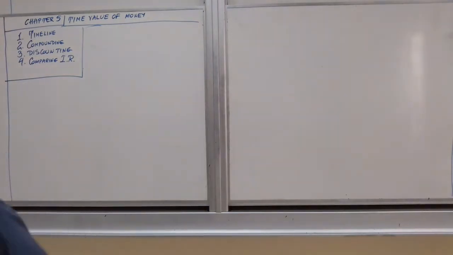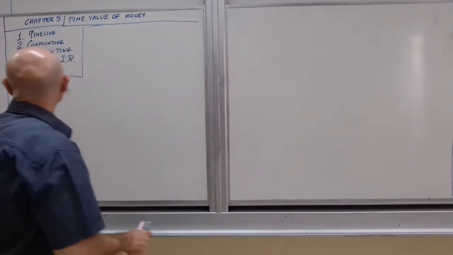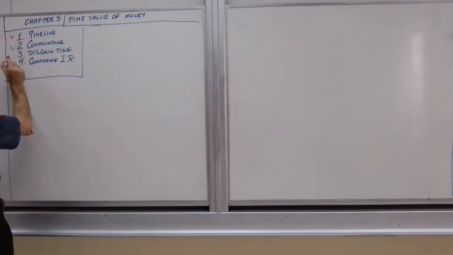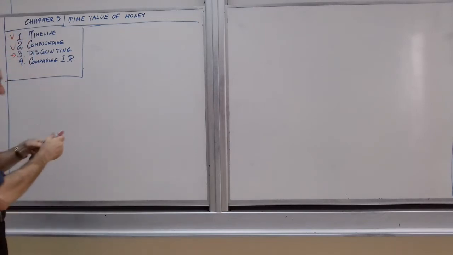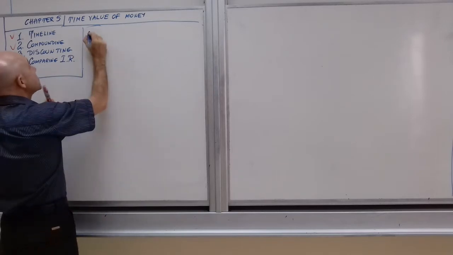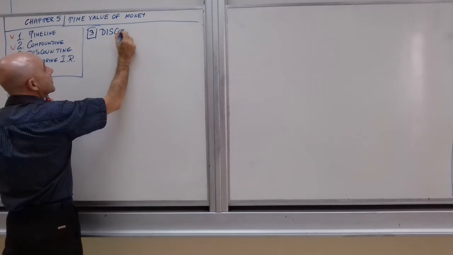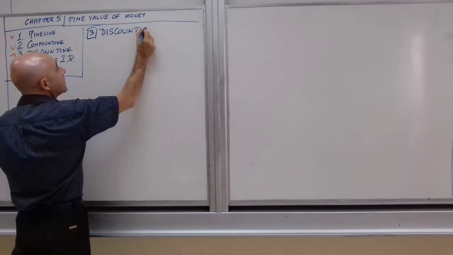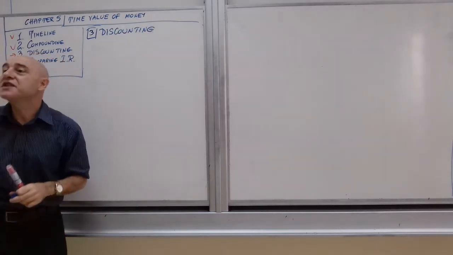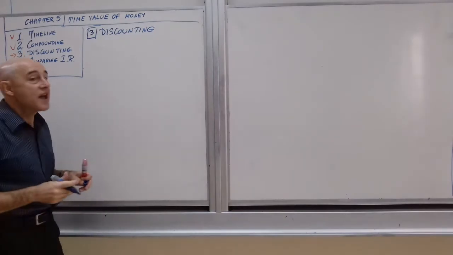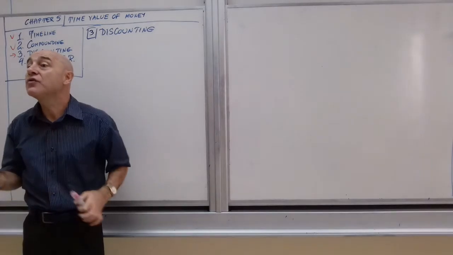All right, let's get back to what we, or at least I, was doing, which is section 3. So we did the timeline, we did the compounding, now we're on to discounting. Discounting is the exact opposite, and it's a simple formula.